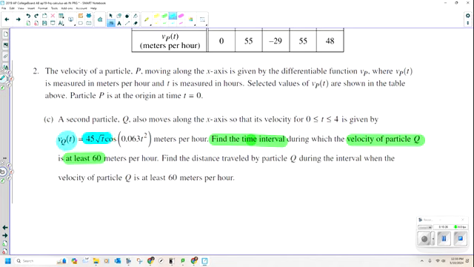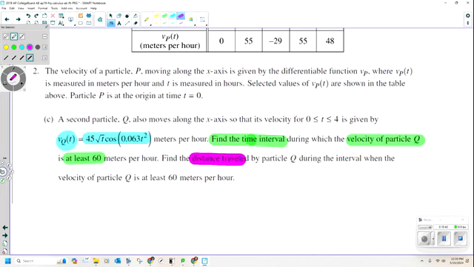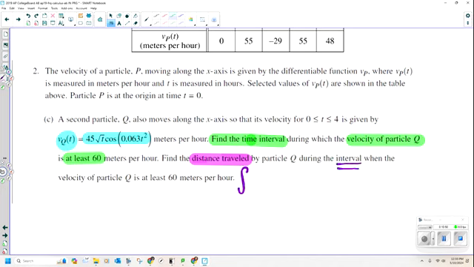So when is this at least 60? There's going to be an interval. Once we do that, at that point, we're going to find the distance traveled. If I have velocity and I need the distance traveled, that is just simple integration. So what are the bounds? The interval that we come up with. That's it. And this calculator is going to help us do everything.